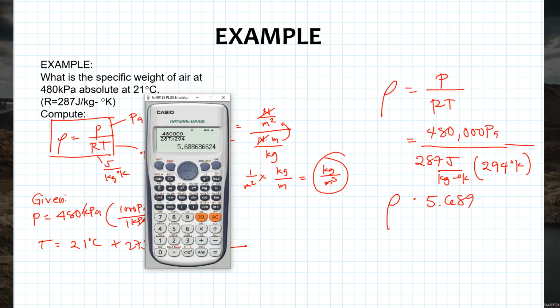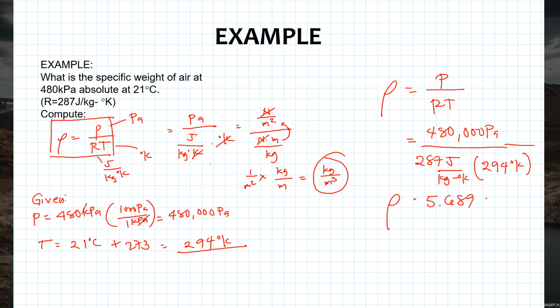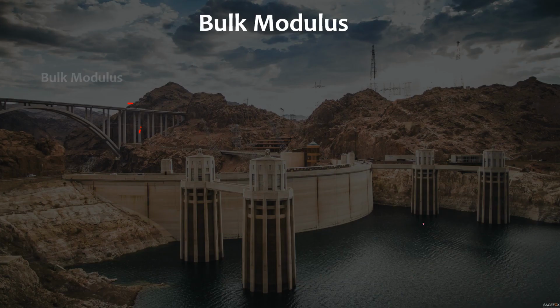That will be your mass density, 5.689 kilograms per cubic meter, using the ideal gas law. Okay? Let's proceed.